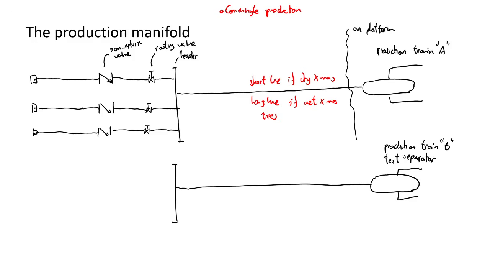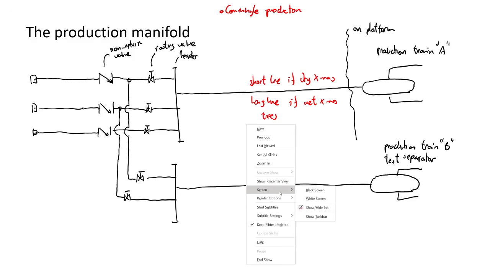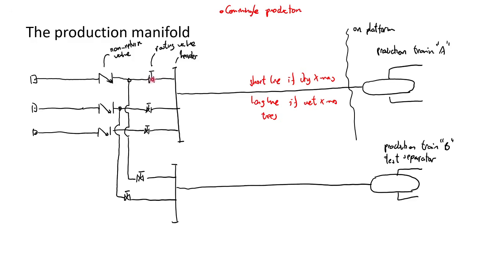So then I have the option, each well to be produced either to the production, or I put another valve, a routing valve, or to the test. Okay, the same thing here. And on this one I can decide where to send the production of well 1.